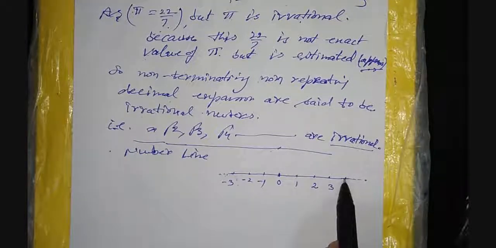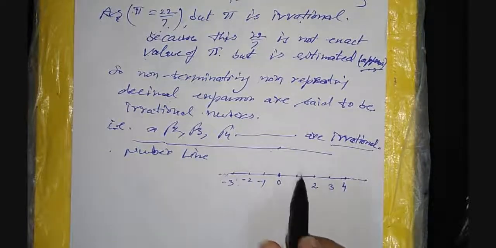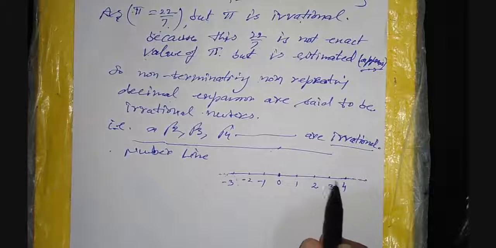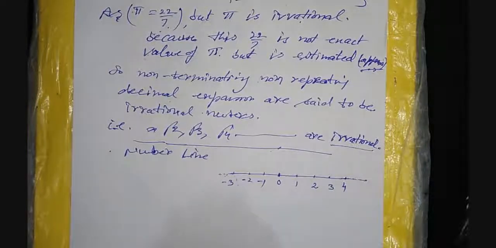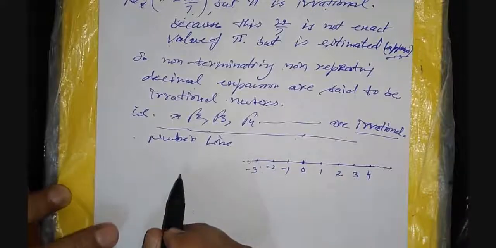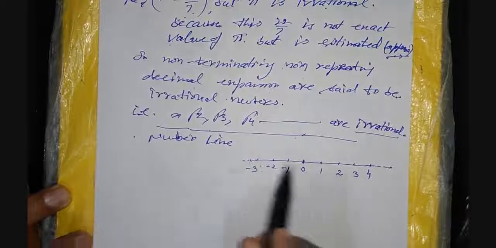It is not as easy to find the position of an irrational number on this number line as it is for integers, natural numbers or whole numbers. So we will learn how irrational numbers are represented on this line.